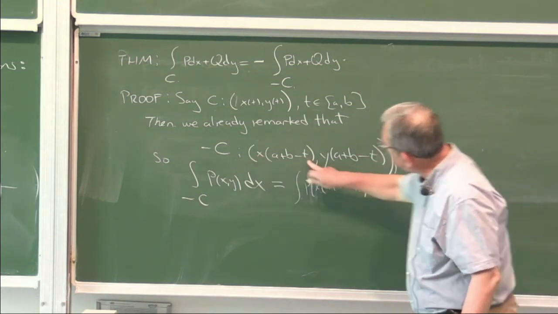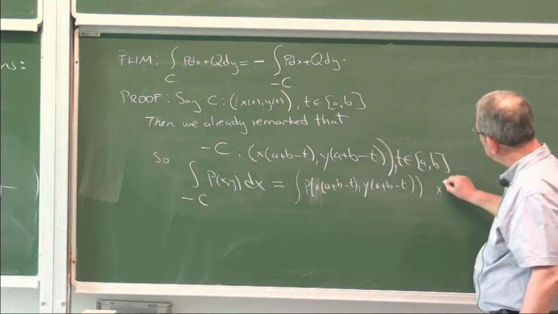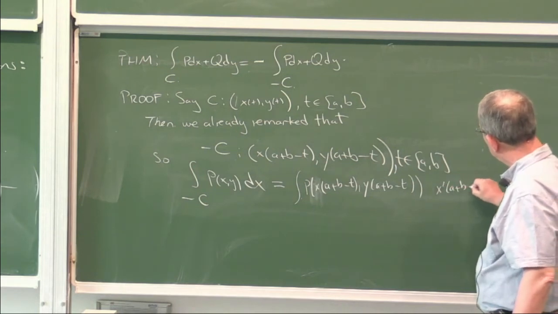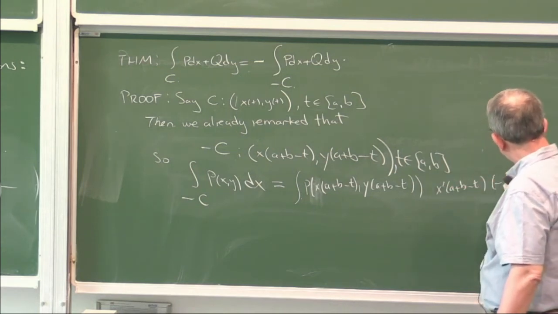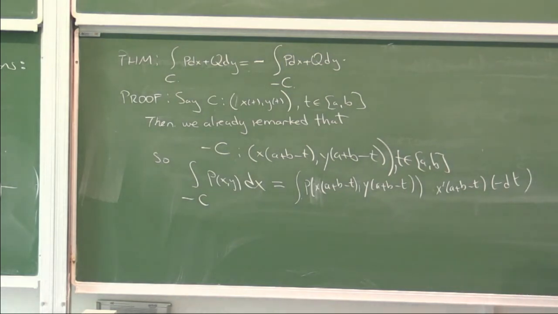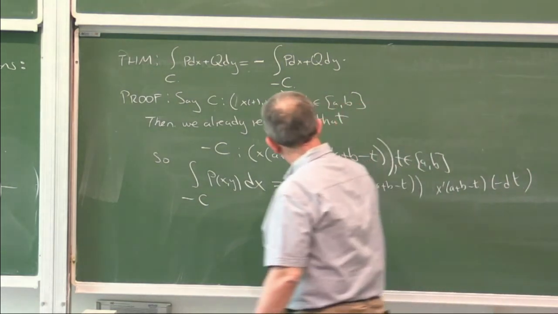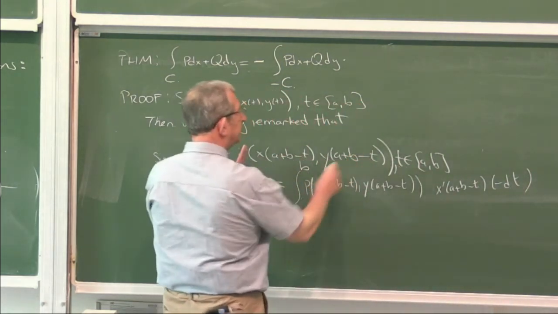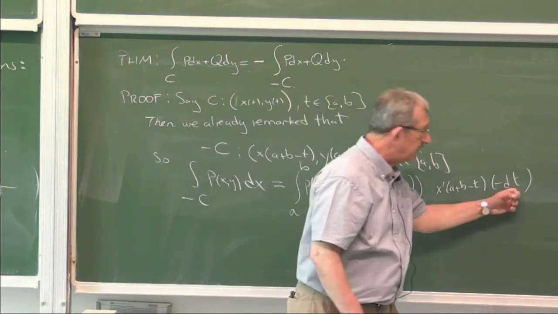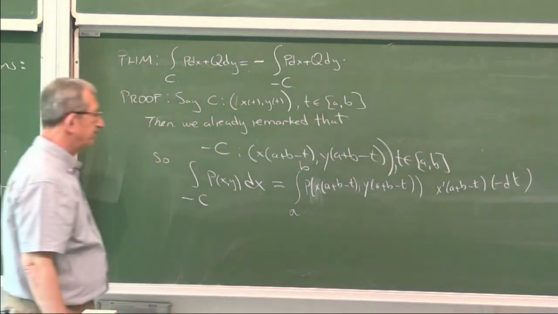Well, dx is x prime of A plus B minus t times minus dt, and t changed from A to B. This being the parametrization, the only change is at this point.